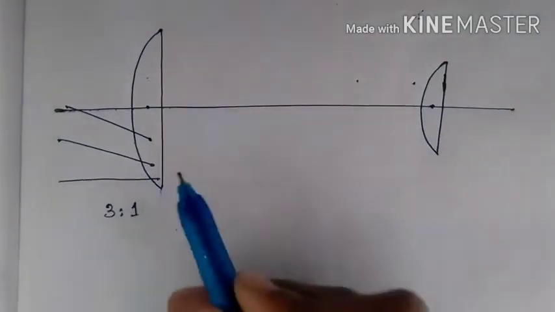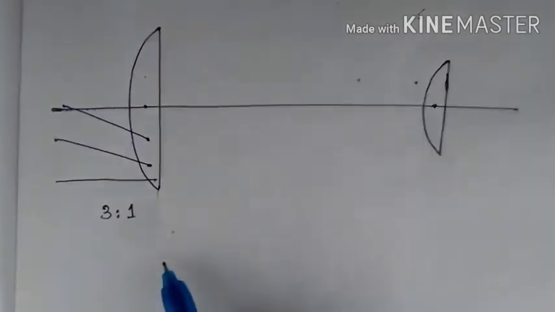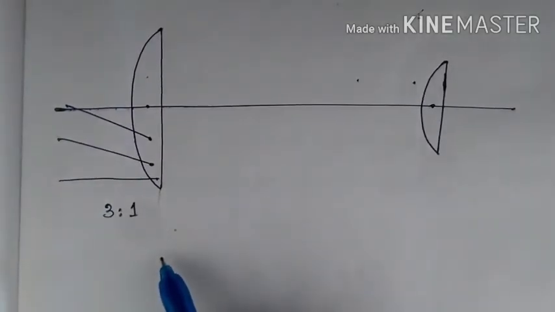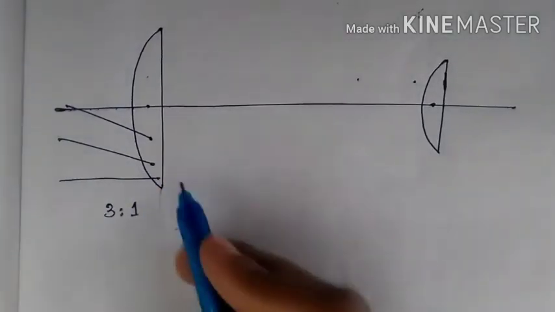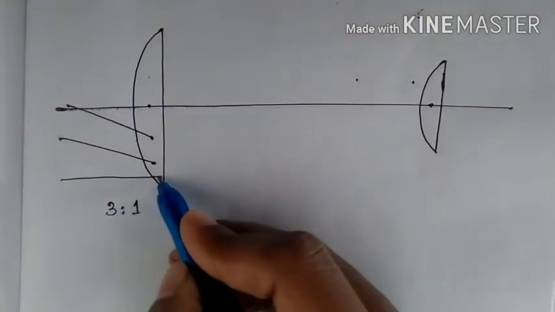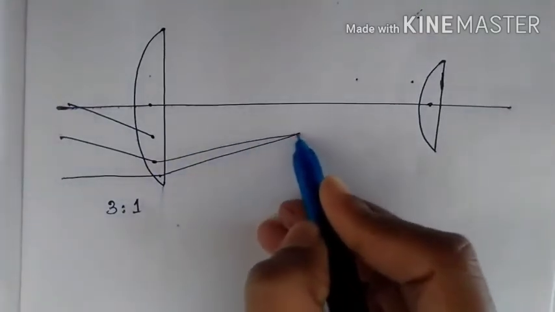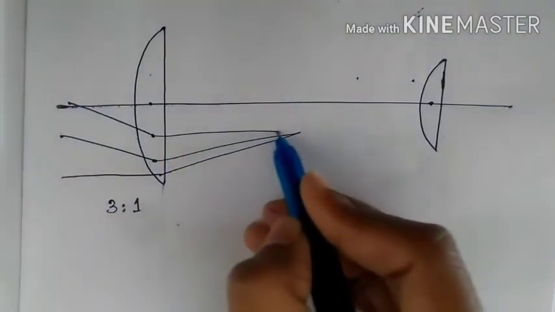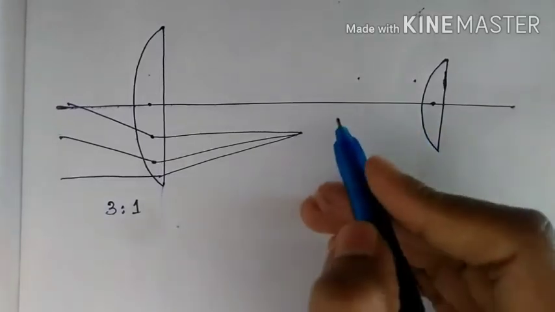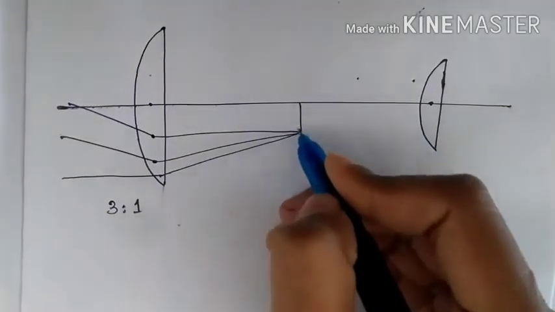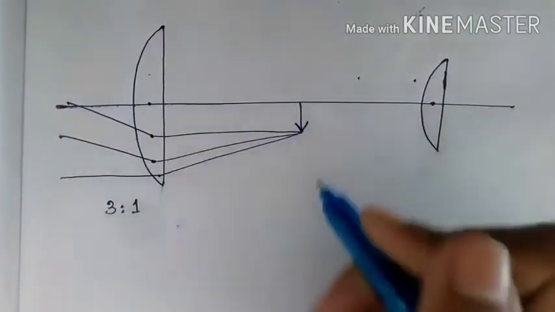If you observe, these rays are converging rays. Now what will happen is these three rays will meet at a point and make an image. So this is an inverted image.